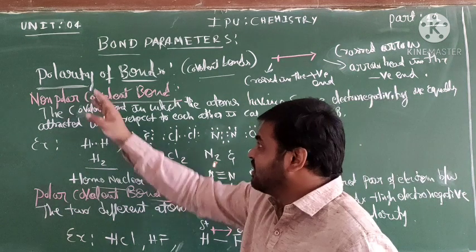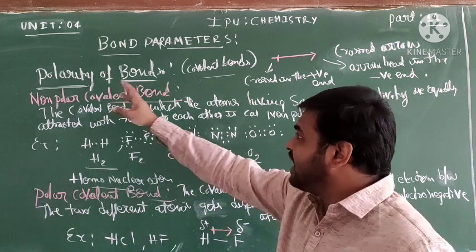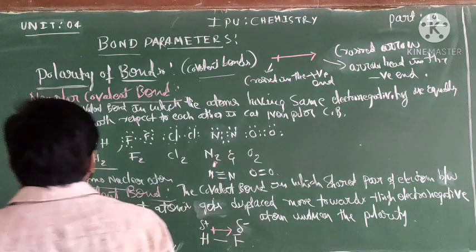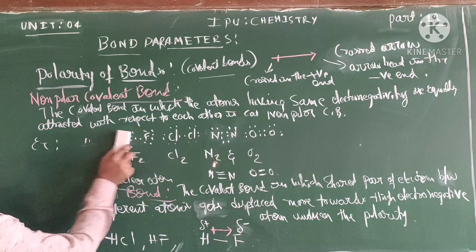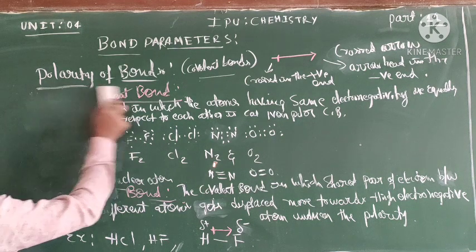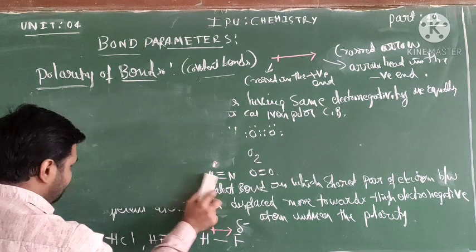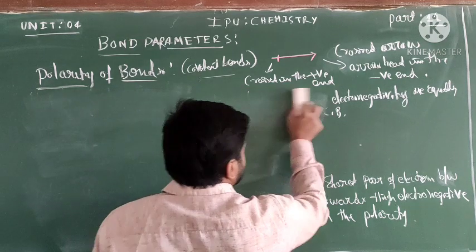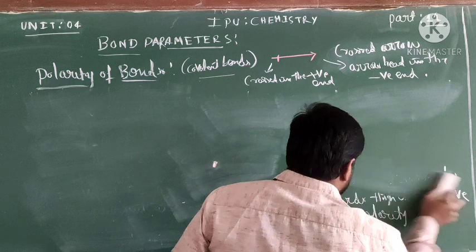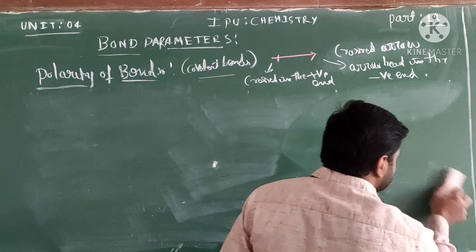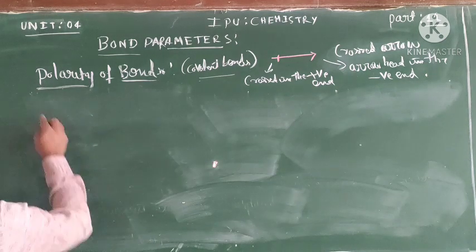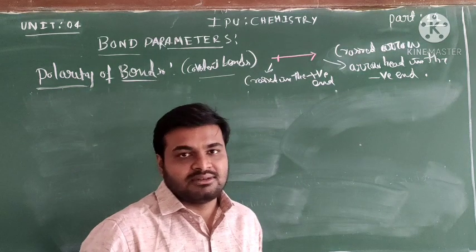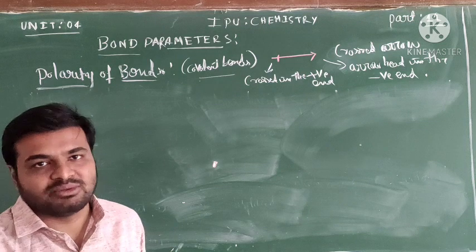Clear? Okay. So now going to the representation of polarity in dipole moment. Dipole moment is a vector quantity, represented by mu. So polarity is calculated by one method, the dipole moment.